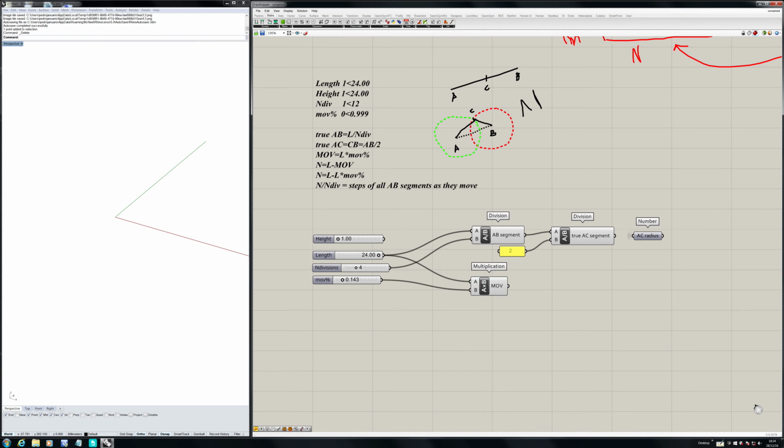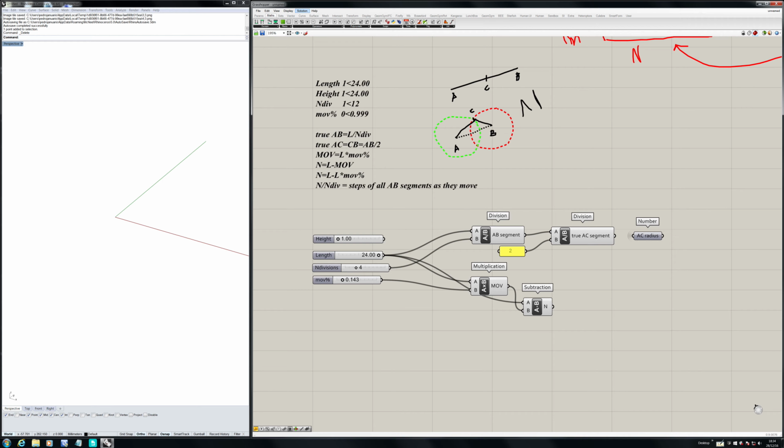Okay. Now if I subtract the length minus this one, I'm going to get my n.